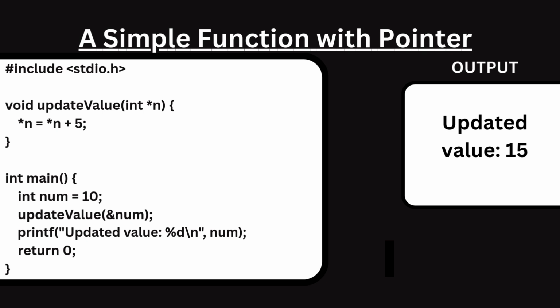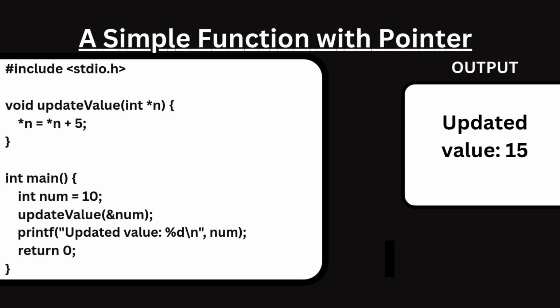We start in the main function by declaring a variable called num and assigning it the value 10. In step 2, we pass the address to the function. Instead of passing the value of num, we are passing its address using &num. This means that the function will get a pointer that directly points to num.